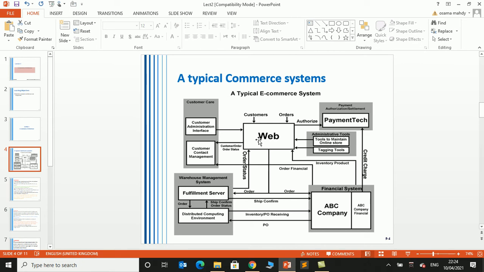Many other kinds of servers are at the background or the back end of the web component. If you imagine the data store of any system, it consists of a series of databases which contain details of customers, especially customer payments.